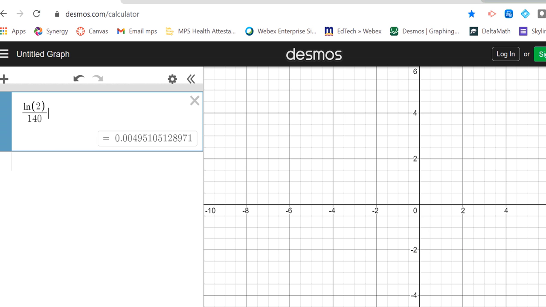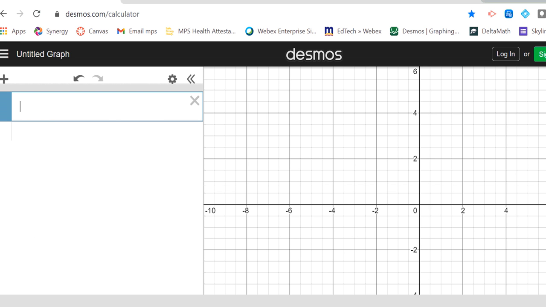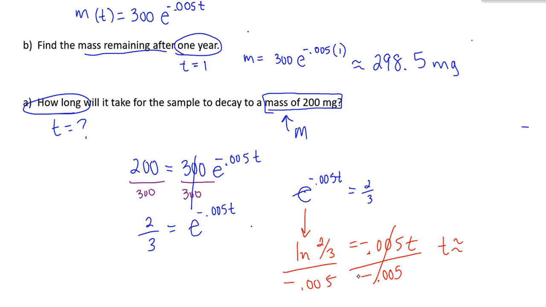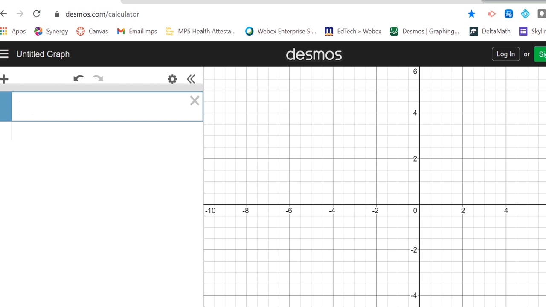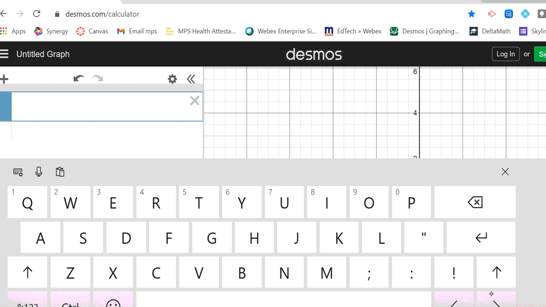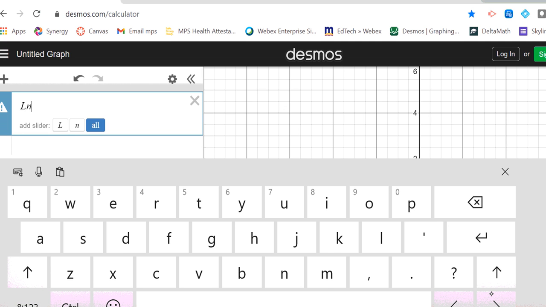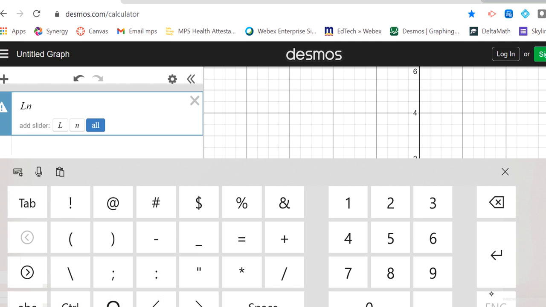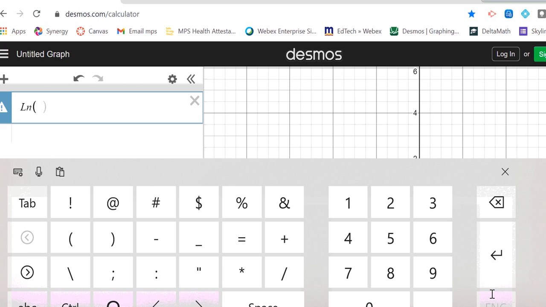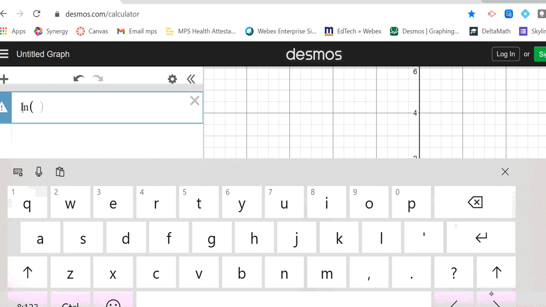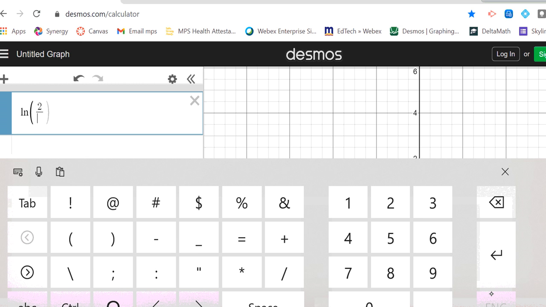let's go to Desmos. We've got ln of 2/3. So I'm going to type in ln, parentheses so that it knows I'm talking about the function. Now it knows. 2/3, so 2 divided by 3, and then get outside the parentheses.